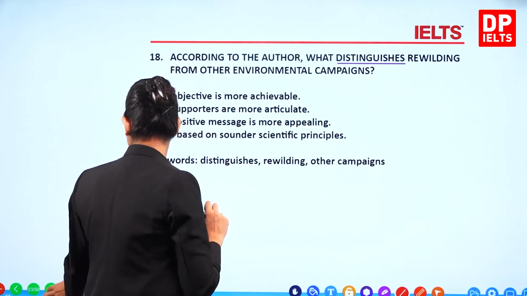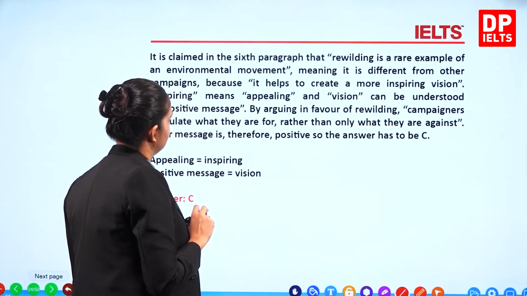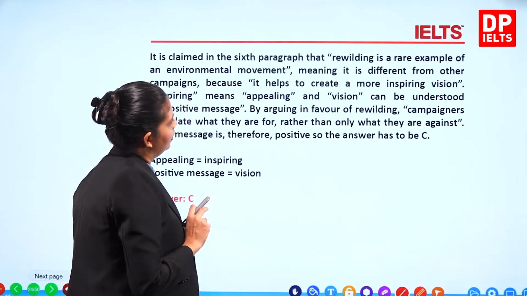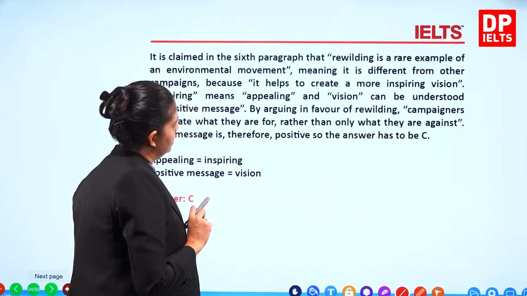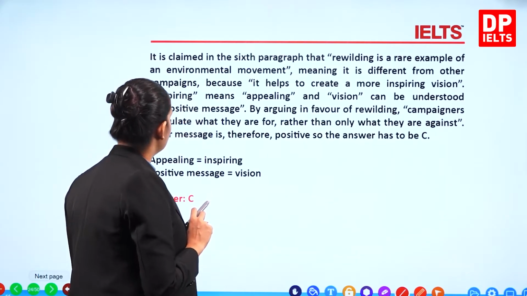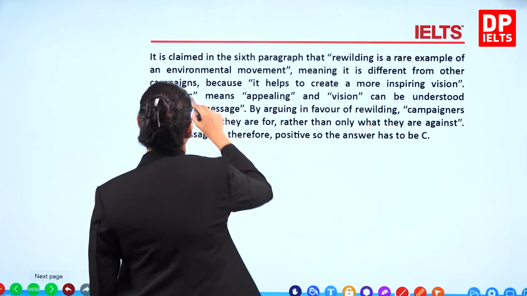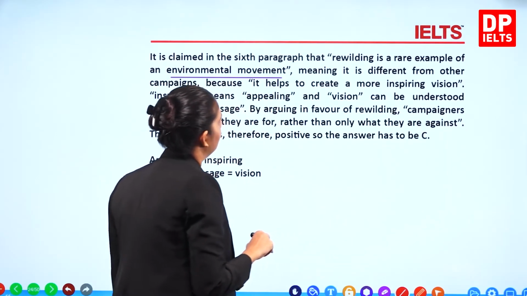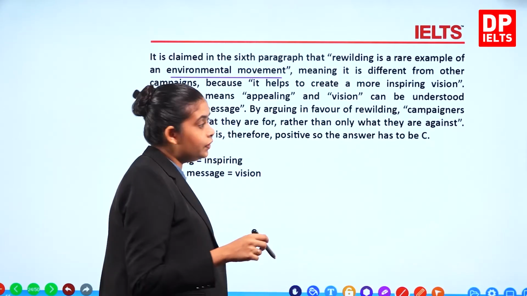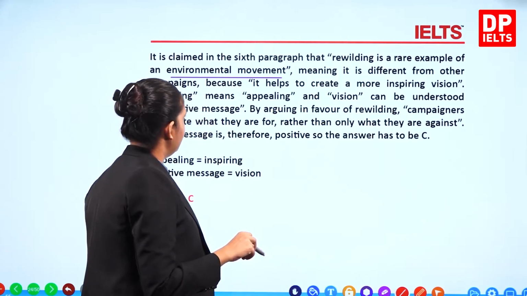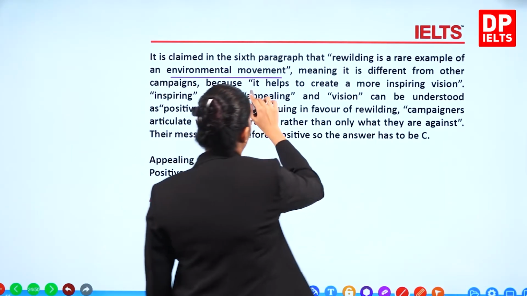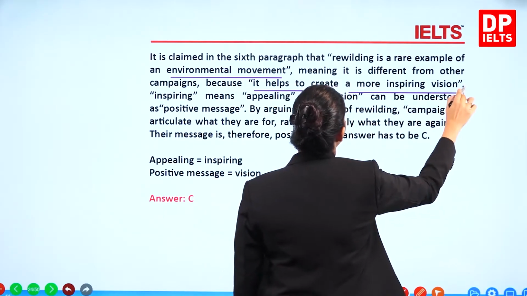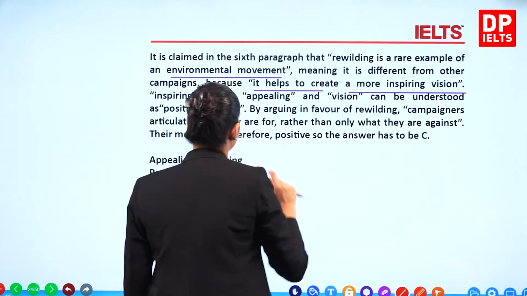So, let's have a look at what it tells. In the 6th para, it states that rewilding is a rare example of an environmental move. Okay, meaning it is different from other campaigns because it helps to create a more inspiring vision.